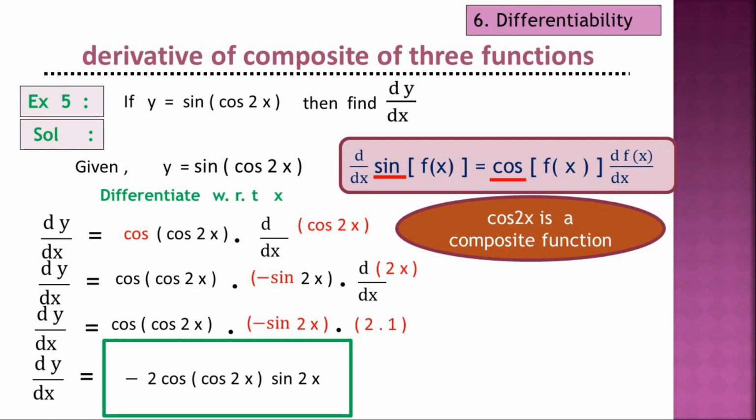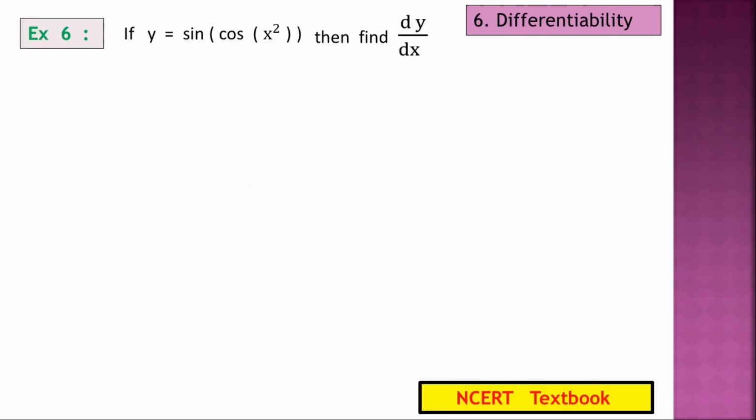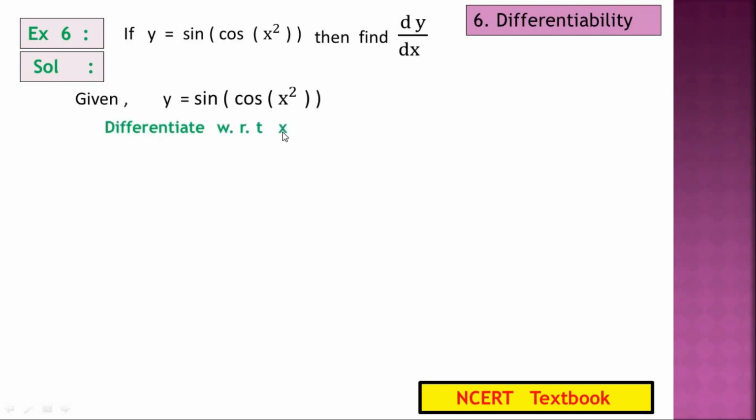Next, one more example, then you will definitely understand how to write the derivative for a composite of three functions. Now if y is equal to sine of cos of x square, then find dy by dx. So this is now a composite of three functions. y is equal to sine of cos of x square.